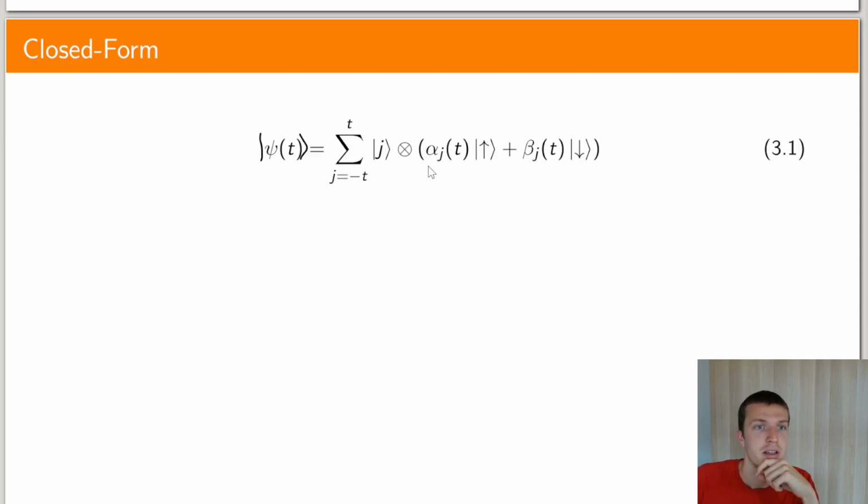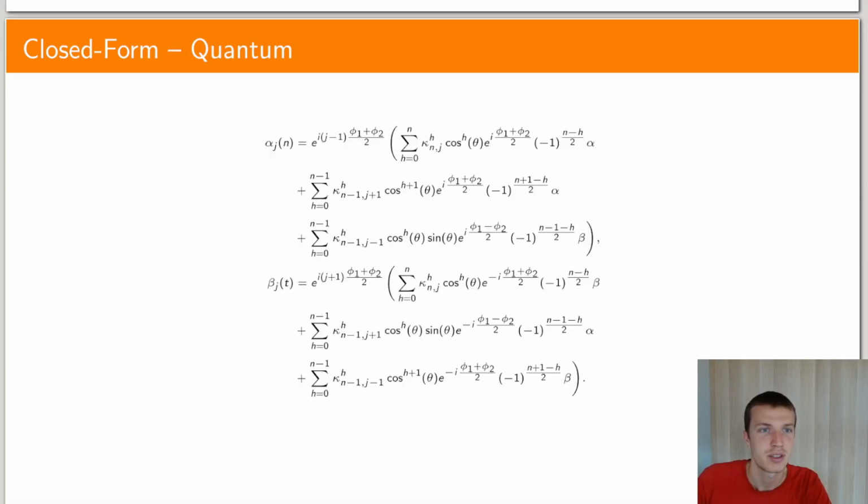And so we have those coefficients alpha j and beta j that depend on time: a sum over some combinatorial terms together with something that depends on the unitary, and alpha and beta are the initial state.